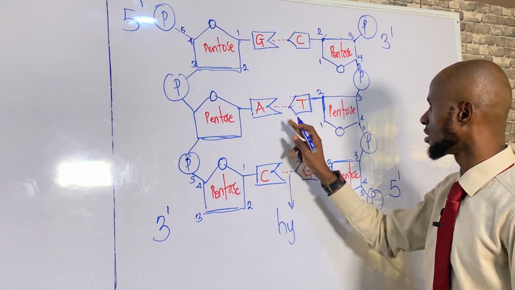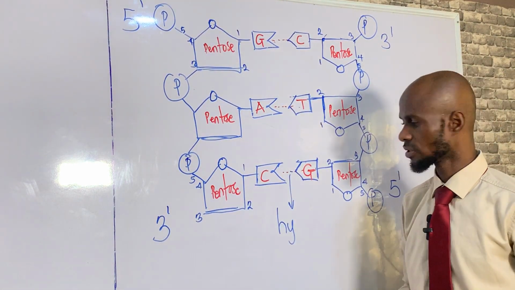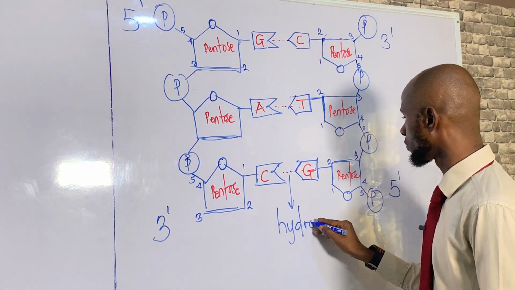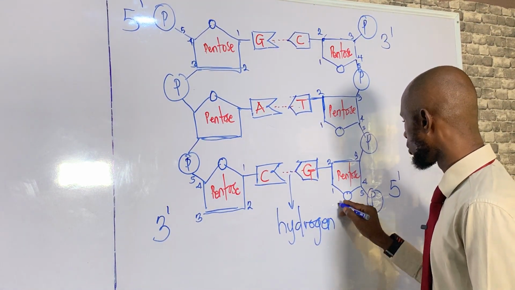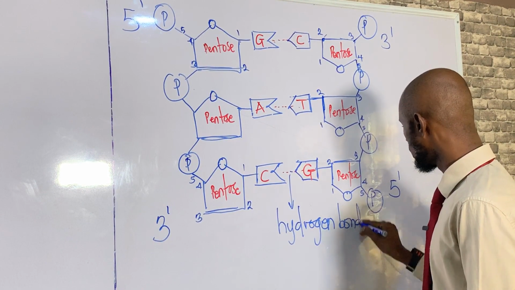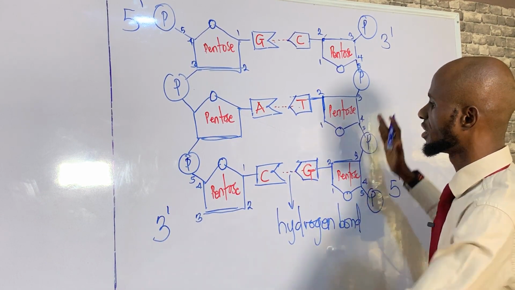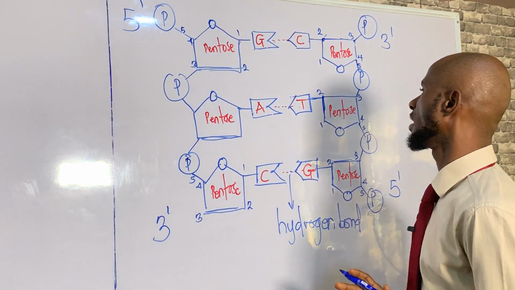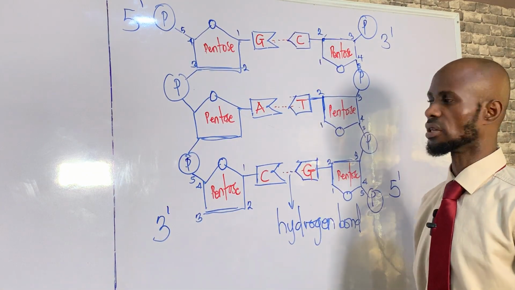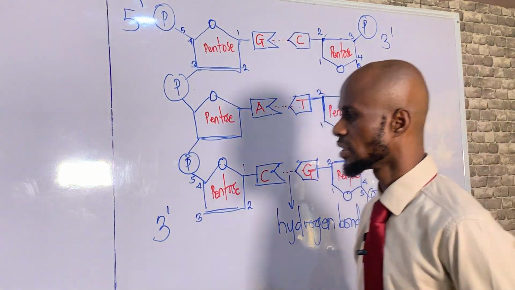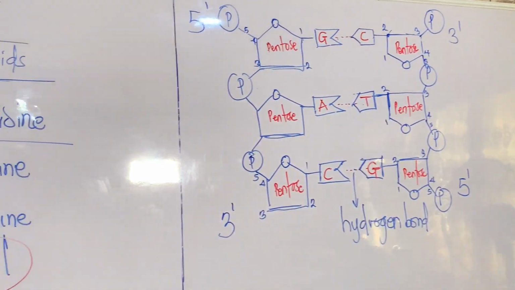You can see the dot dot dot is a weak bond. It is the hydrogen bond. So this is the DNA strand.